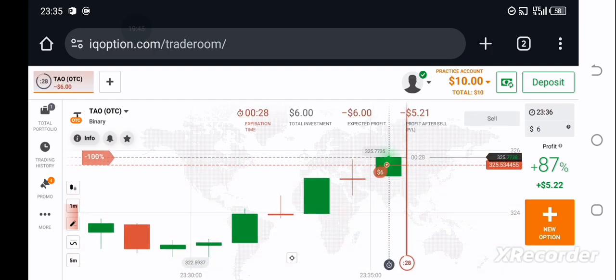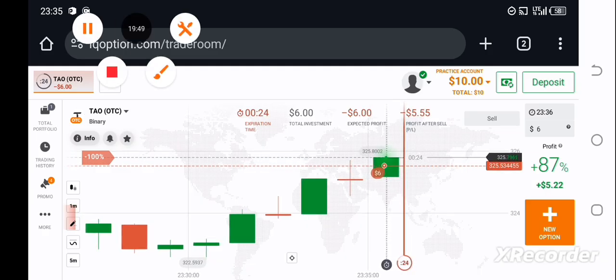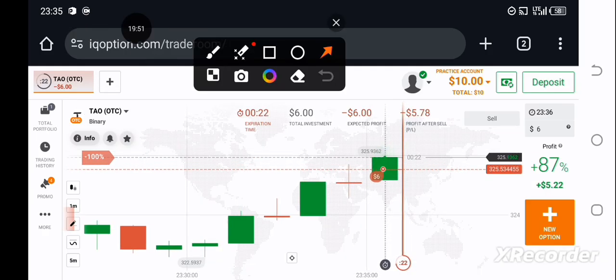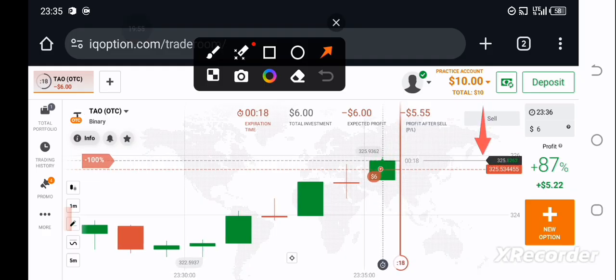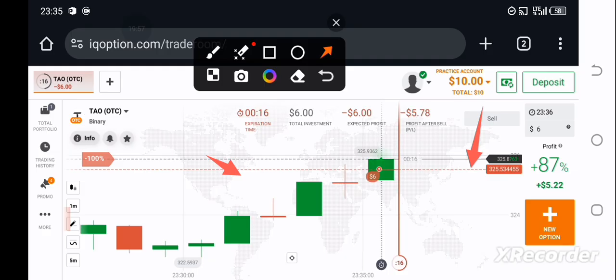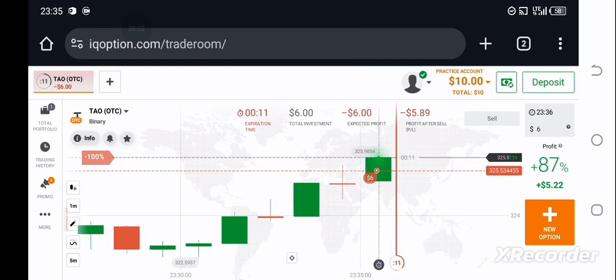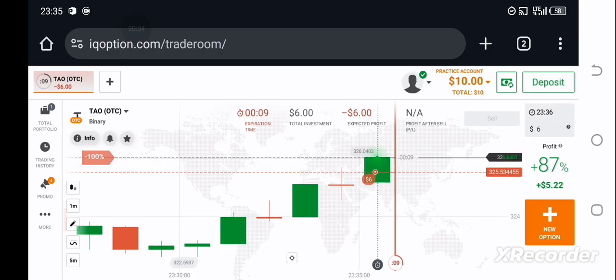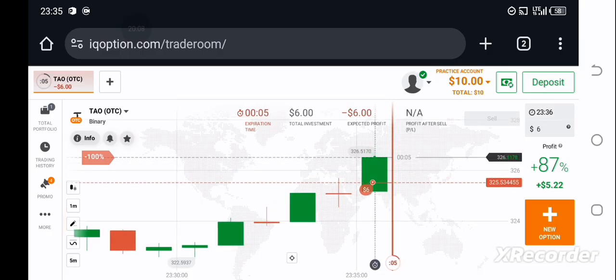You can see the red line indicating where you opened your trade from, right? So if the candle closes below that level, it is going to be a winning trade.